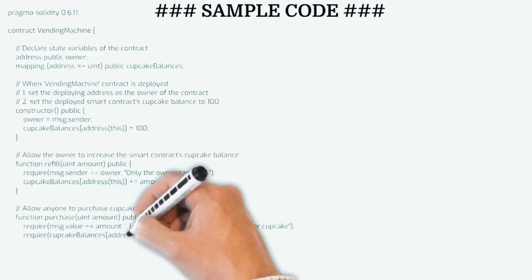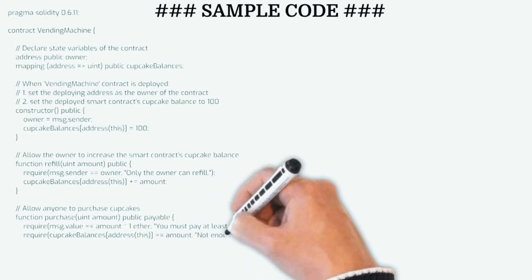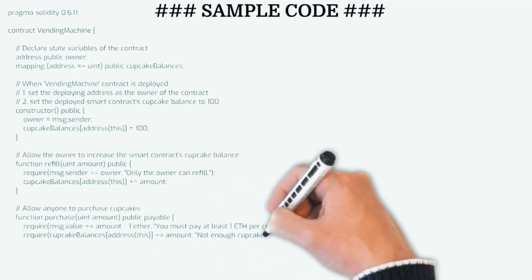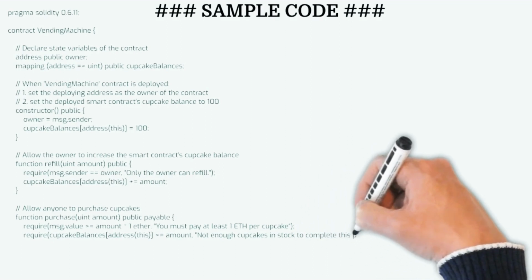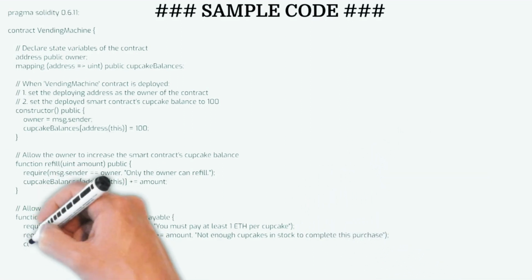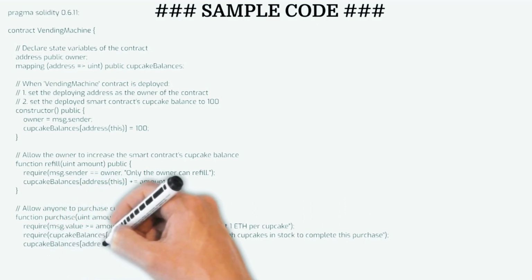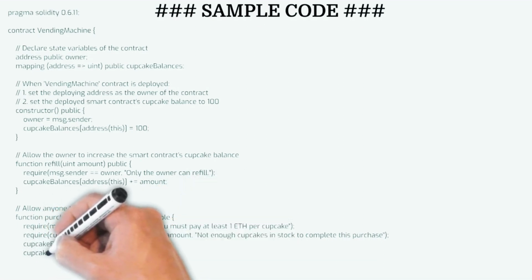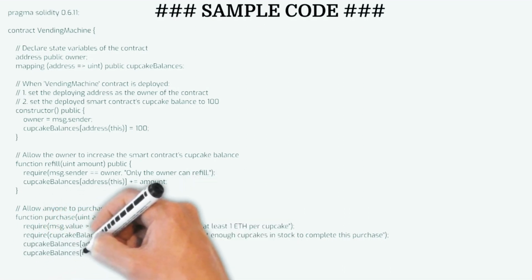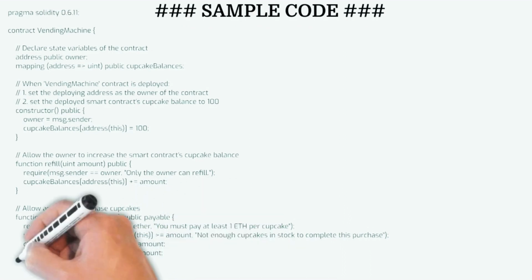So first it will check if you have paid the exact amount for the cupcake. And second, it will check if there is enough stock available to sell. Once these two conditions are satisfied, it updates the amount of cupcakes, and it also sends the message to the sender with the exact amount. So this was a sample code just for your reference and information.